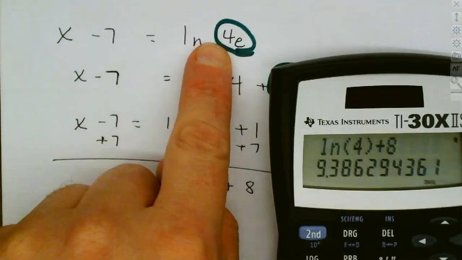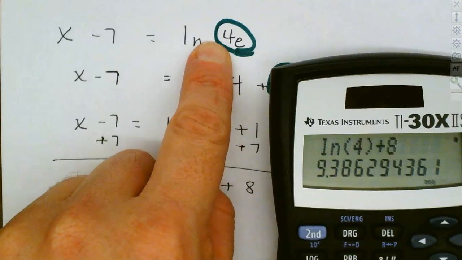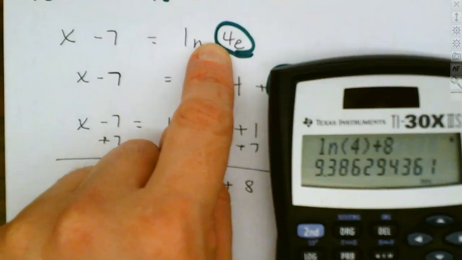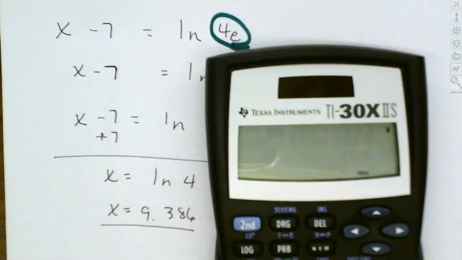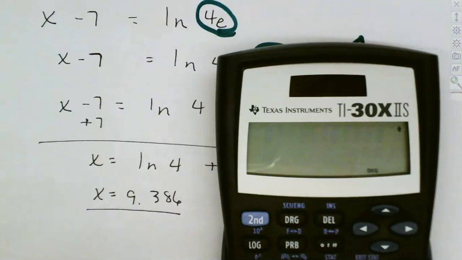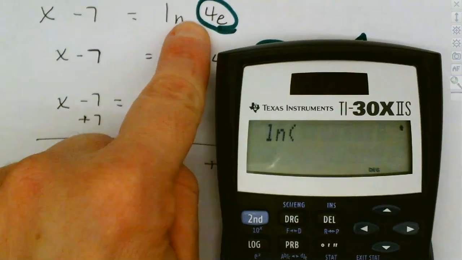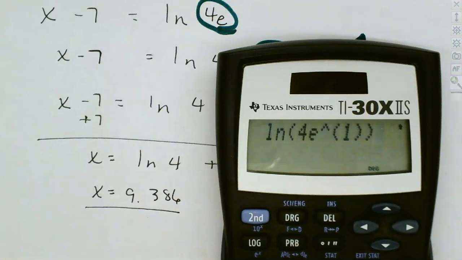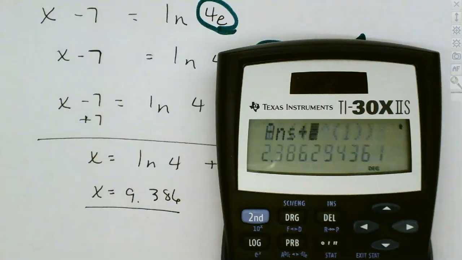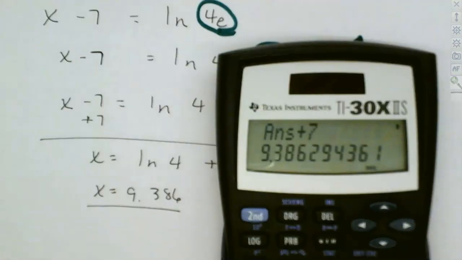You could have done this in your calculator up here. I chose to break it down, but you could have actually done it in your calculator like this. Okay, it's a little bit complicated. I just break it up, but this here could be done as 4 plus ln of 1, and it would give you the same thing. And then you could just add that 7 to it, and you get the same answer.